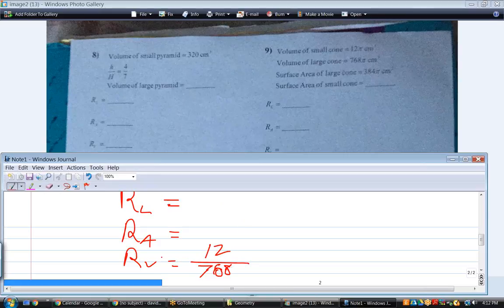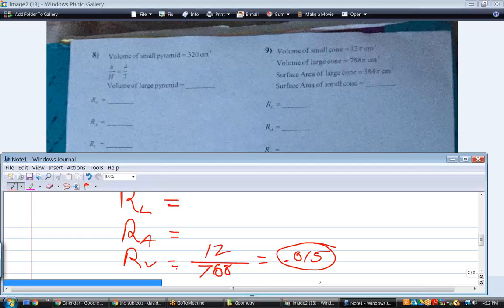What's 12 divided by 768? 0.015. Now take the cube root of that decimal.